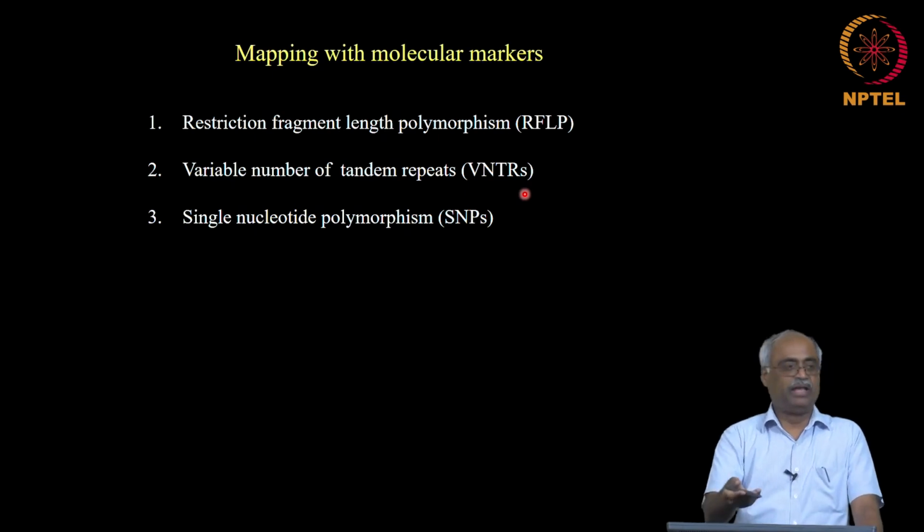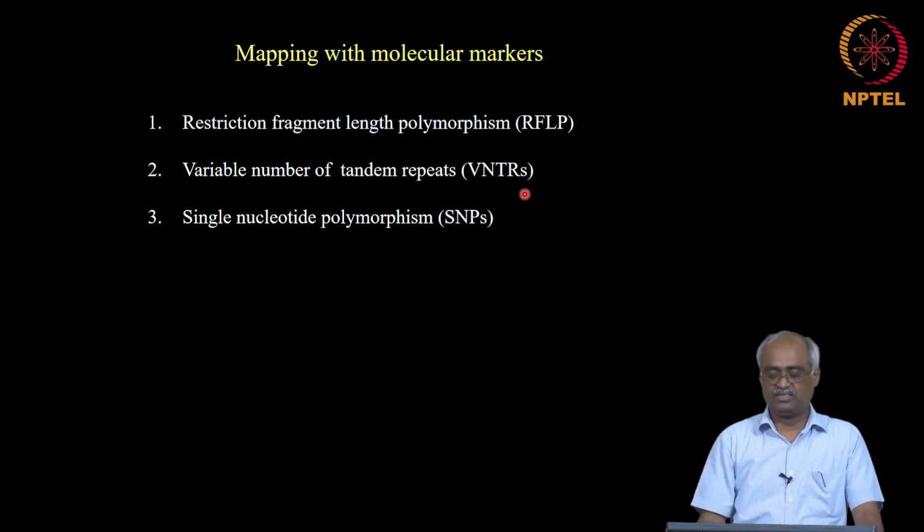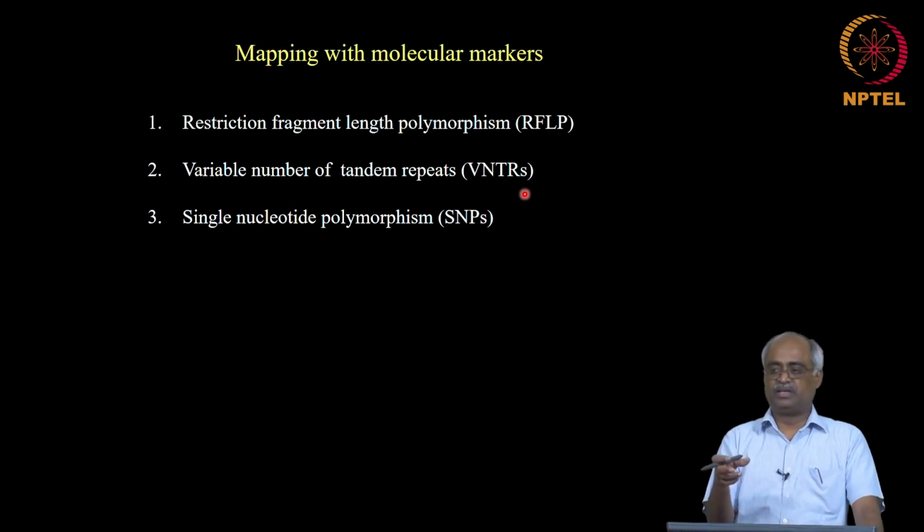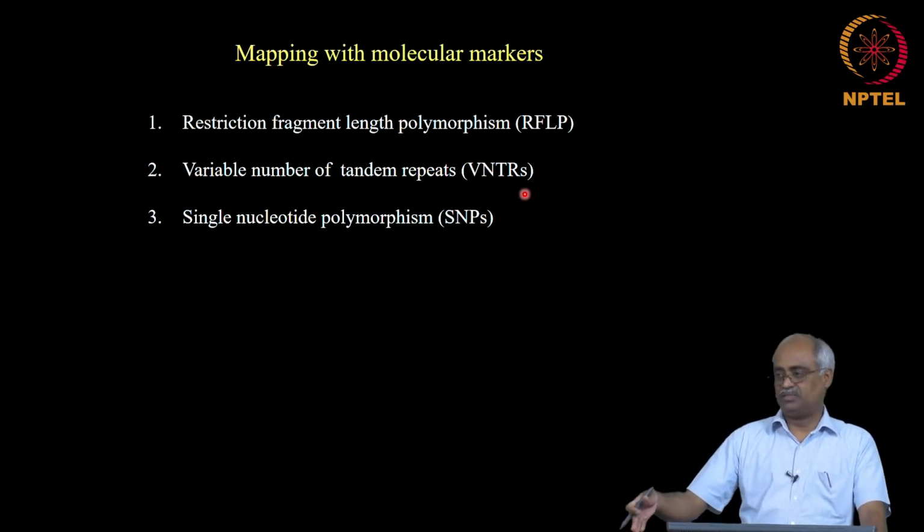RFLP, you probably know already, is restriction fragment length polymorphism. For example, in one strain you have a particular restriction site sequence in a particular locus, and in another there is a base change and that restriction site is not there. So, between the two strains the fragment length will vary, right. Let us say you have an EcoR1 site in one position and the next is 6 kb apart.